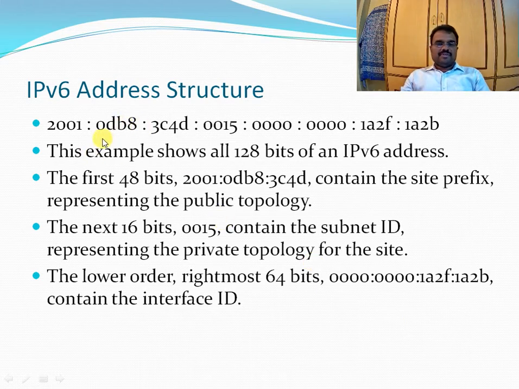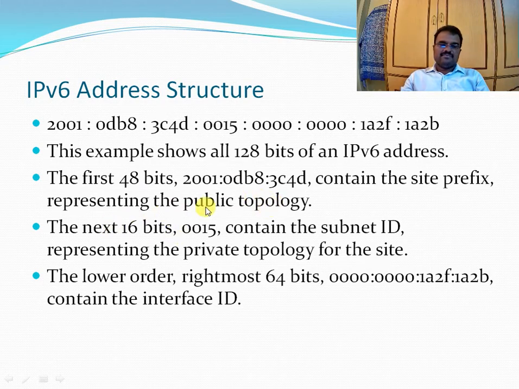So here in this number 2001 colon 0db8 colon 3c4d colon 0015 colon and 4 blocks 1a2f and 1a2b. These examples show all 128 bits of the IP address. The first 48 bits, 2001, 0db8 and 3c4d, contain the site prefix representing the public topology.